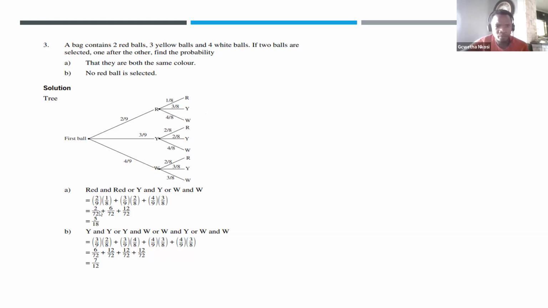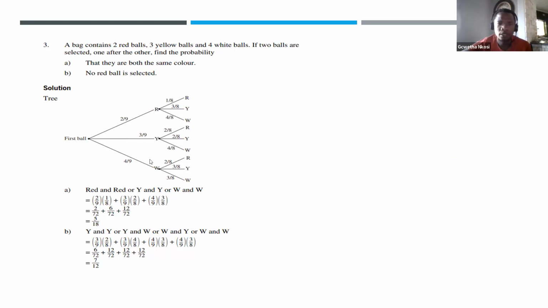So now, red, red, or yellow and yellow, or white and white. Red, red, it should be 2 by 9 multiplied by 1 of 8. The second one, yellow and yellow, 3 by 9 multiplied by 2 by 8.